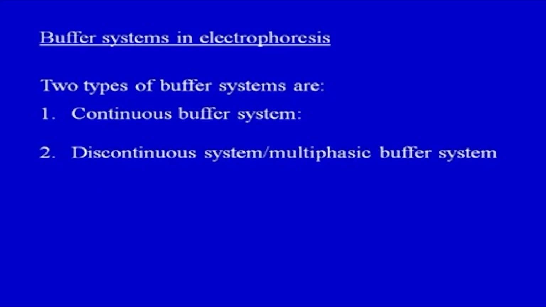So, we will continue our discussion on electrophoresis and extend it from where we left off. If you could recall, we left off at vertical and horizontal gel electrophoresis. Now, there are different kinds of buffer systems which are utilized in electrophoresis.